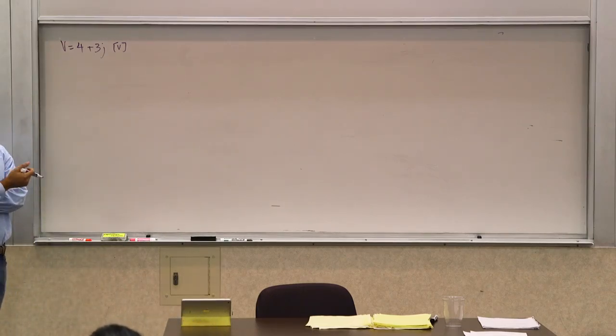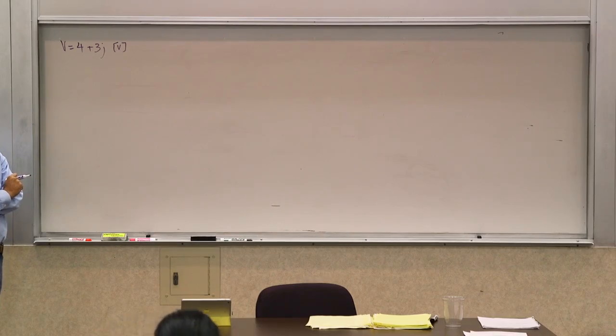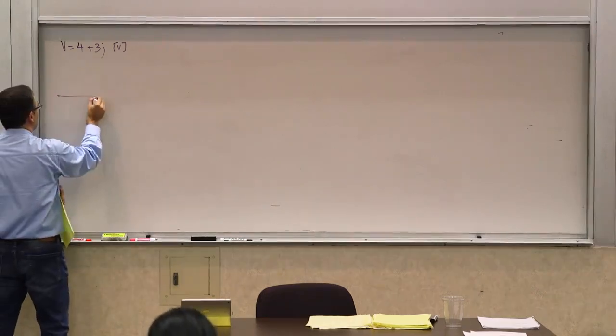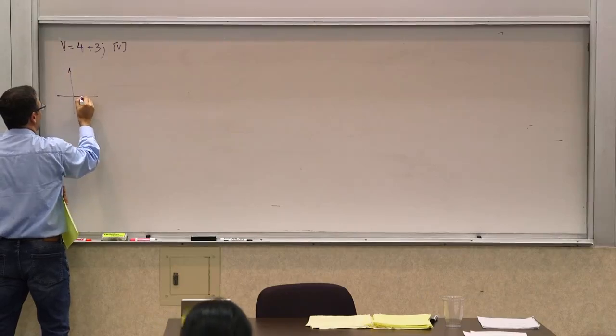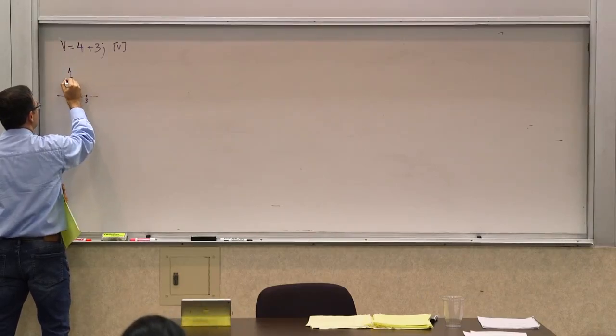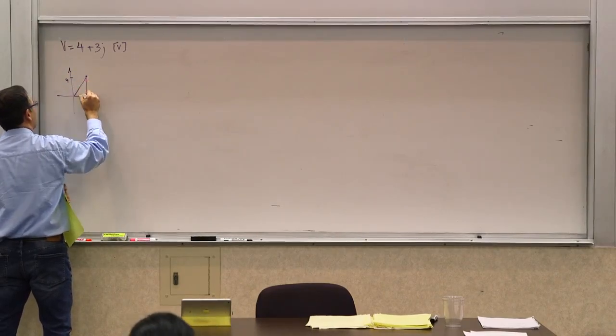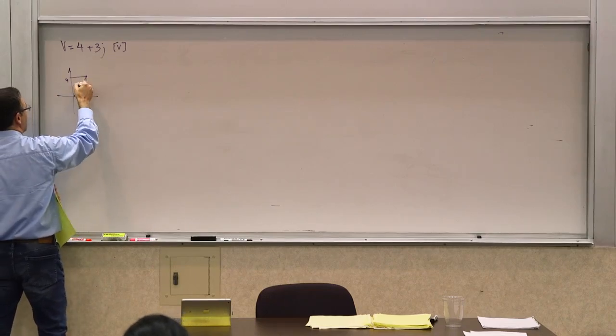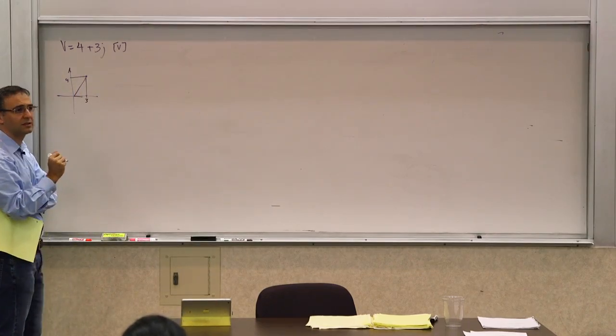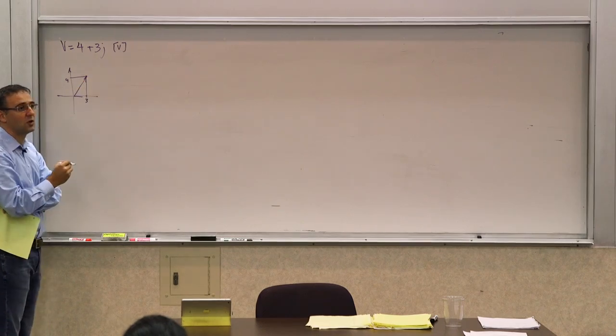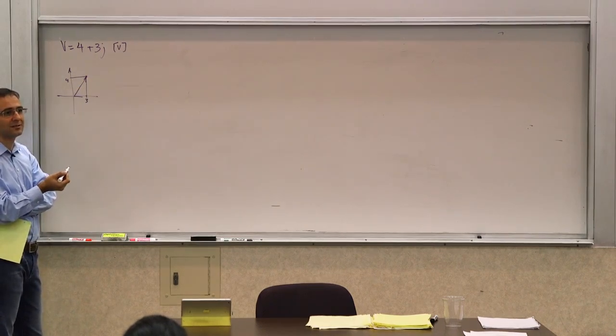If my input voltage is that, what is it in the phasor domain? Well, you're taking something from a Cartesian set of coordinates. So this is 3 and this is 4, and you want to find the phase and magnitude of this vector. What is the magnitude? 5.